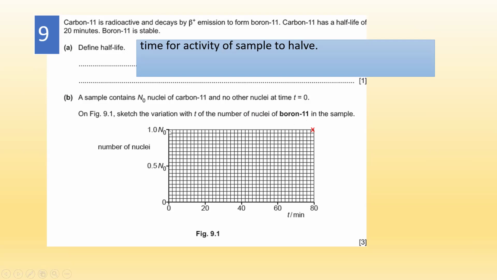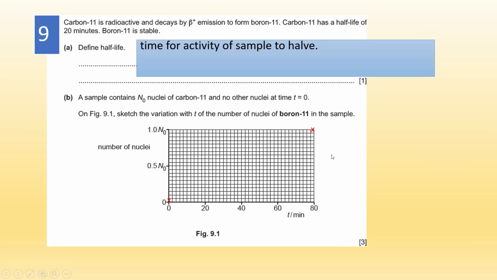Carbon will go to half in the time of the half-life, 20 minutes. So boron will go up to half value. And at 40 minutes, when carbon is 0, boron will be 1.